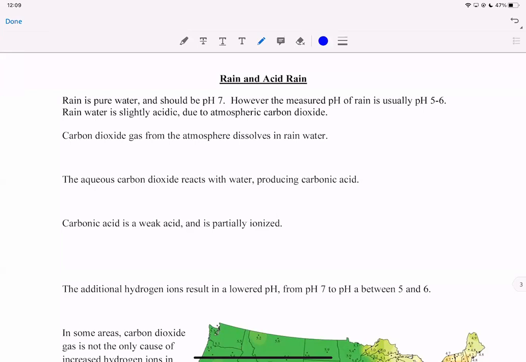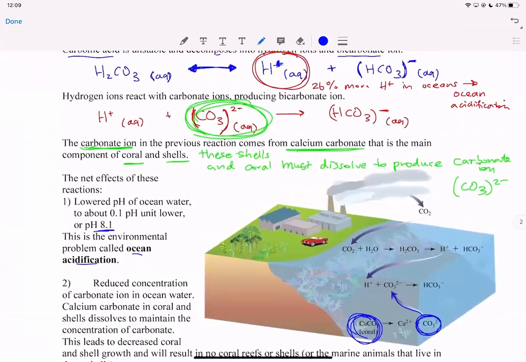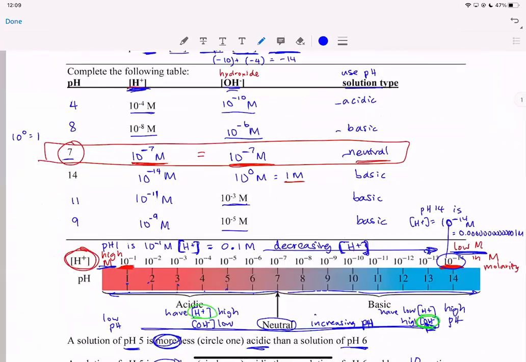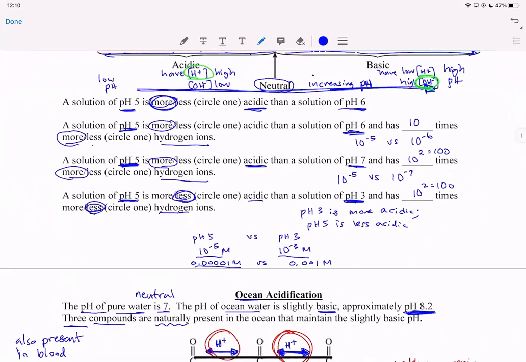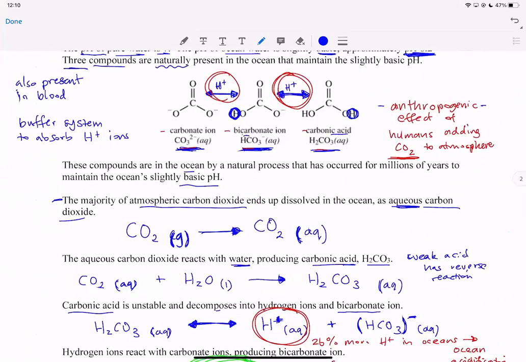And so rain is pure water, and it should be pH 7 because pure water has an equal concentration of hydrogen to hydroxide. So remember that, going back up to here, when you have a pH of 7, the concentration of hydrogen ion is exactly equal to the concentration of hydroxide ion. That's called a neutral solution. And so that's the story with the ocean.